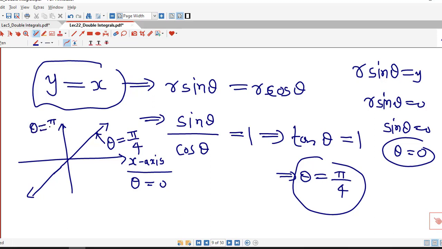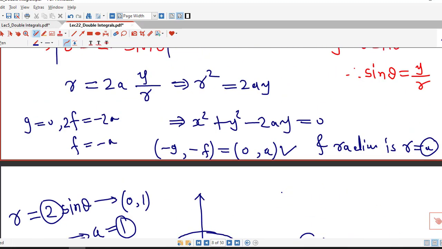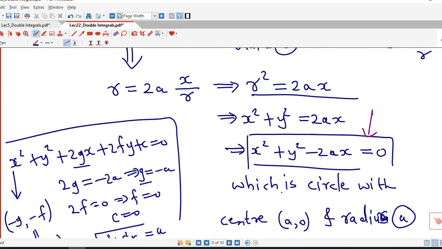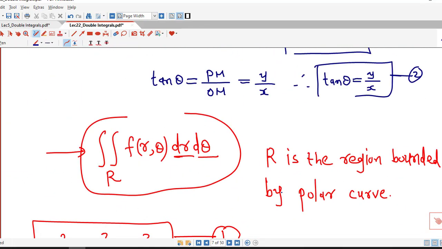Similarly, the y-axis can be represented by theta equal to pi by 2. In this way we can decide the polar form of a given Cartesian curve, or convert a polar curve into a Cartesian curve. We will need this to find the limits of r and theta in polar form.